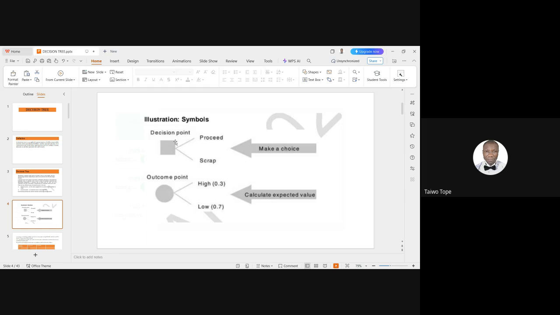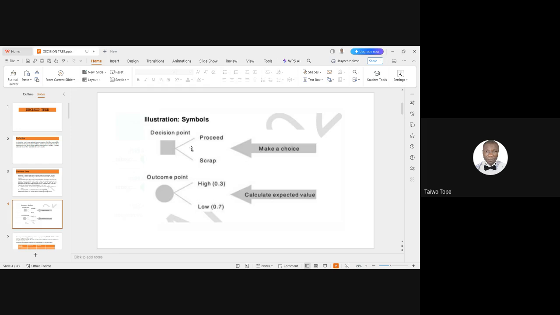You can see in the case of the decision point here, whereby you are planning to make a decision, either to proceed with a project or to scrap the project. So you are faced with two possible decisions here. But what will determine your decision here will be your expected value in the long run.